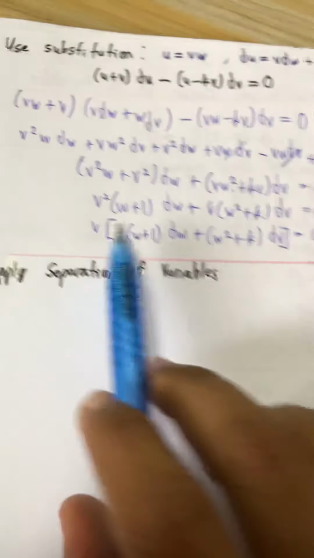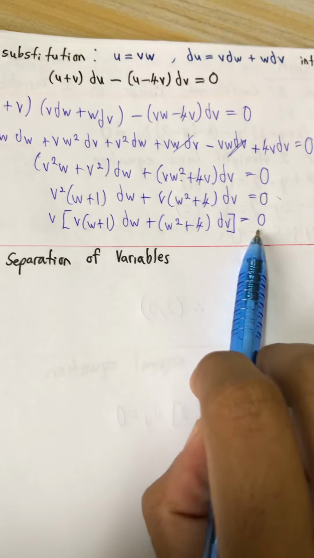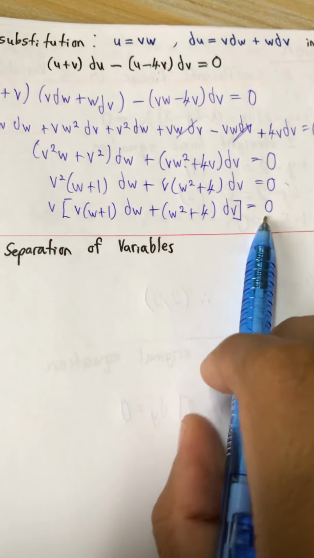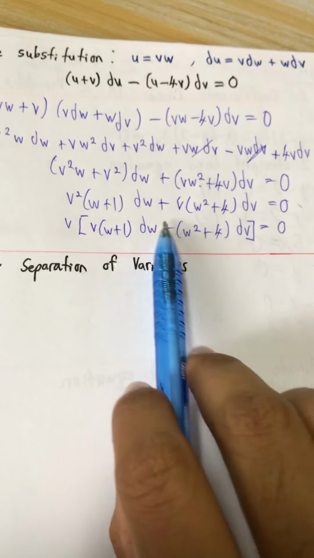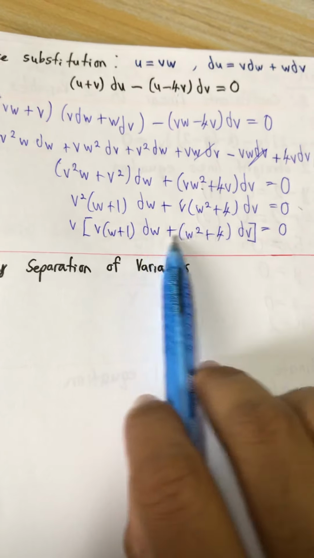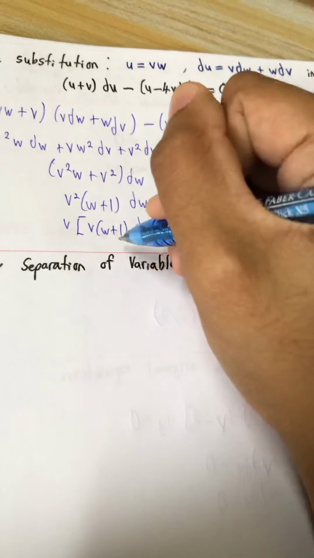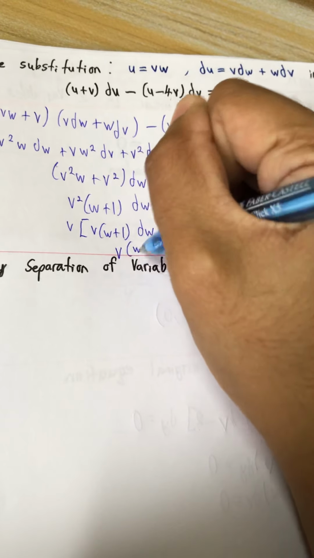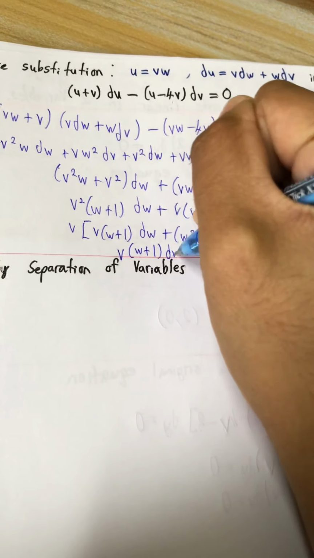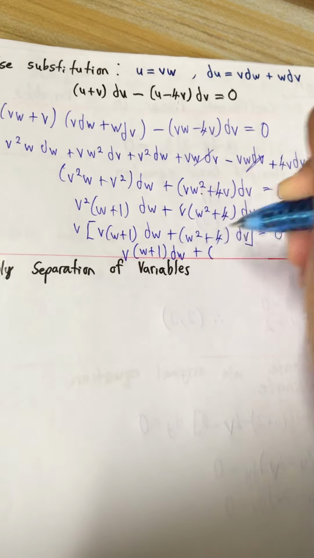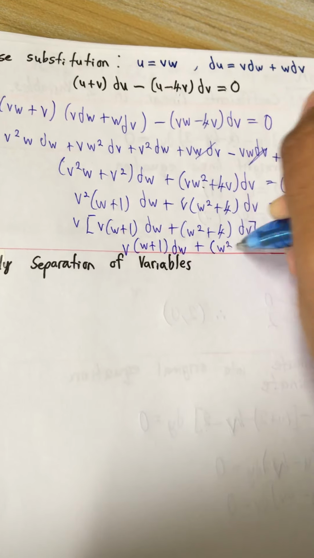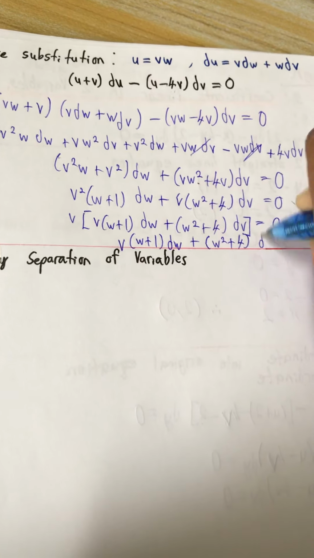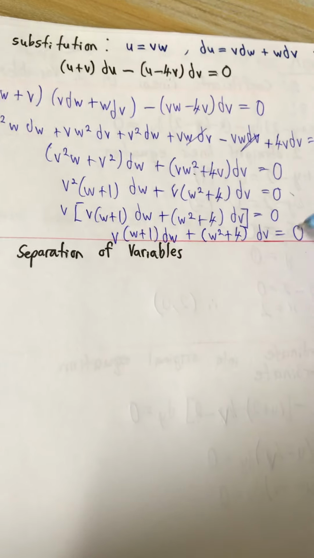And then this one, when we move to this side, it will become 0, so it will leave this equation only. So the equation becomes v(w plus 1) dw plus (w square plus 4) dv equal to 0.